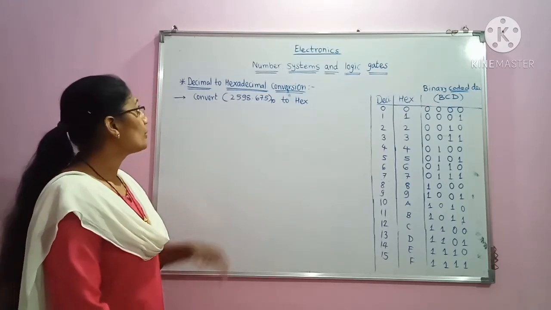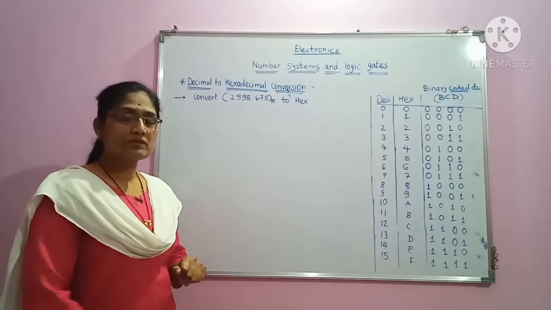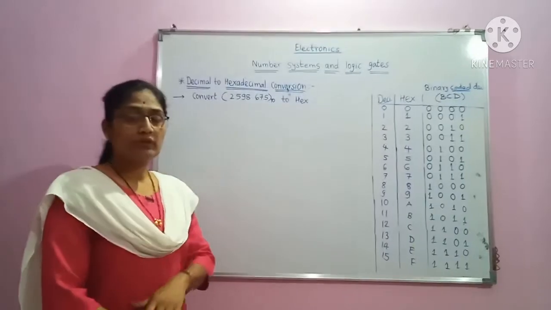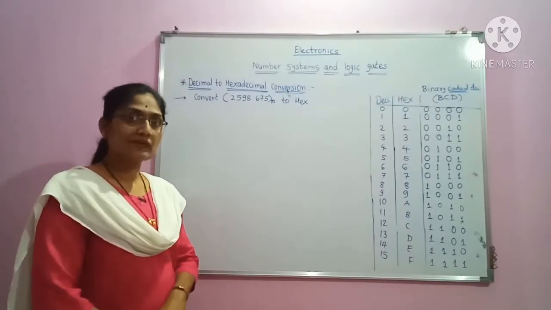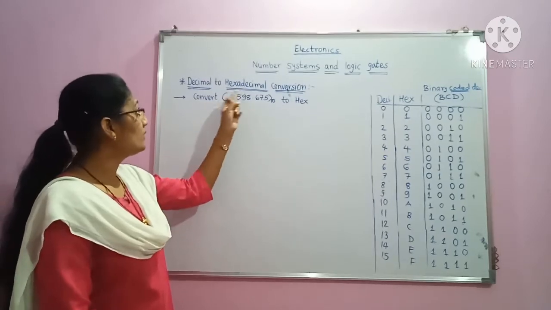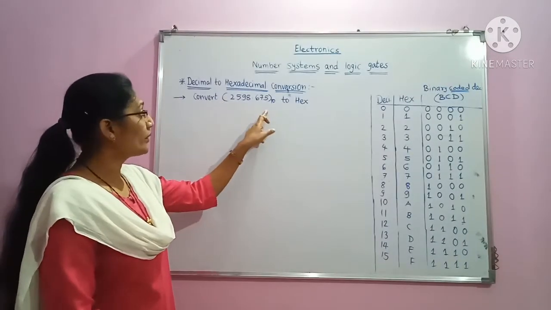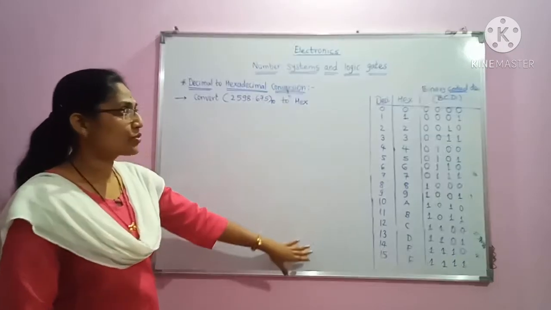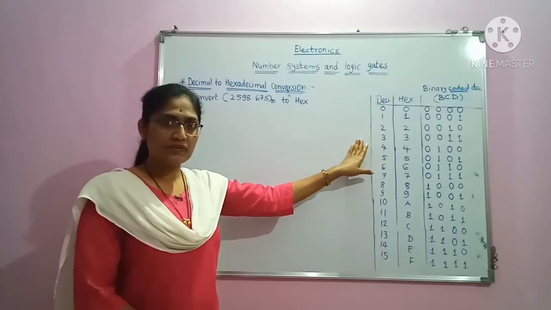So we know that in case of decimal number system its base is 10. In case of hexadecimal number system its base is 16, and now we have to convert a given decimal number to its hexadecimal form. I have also told you how to generate this table.